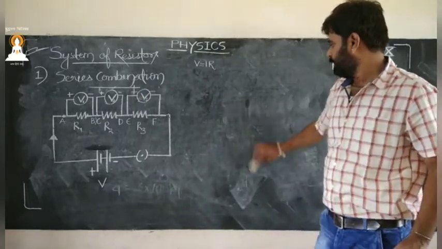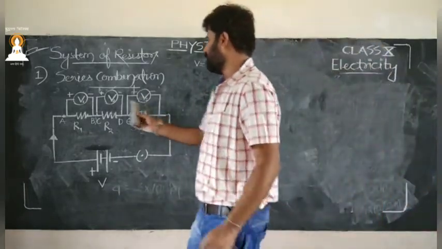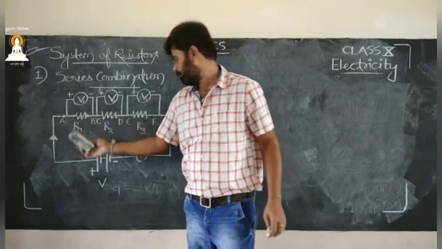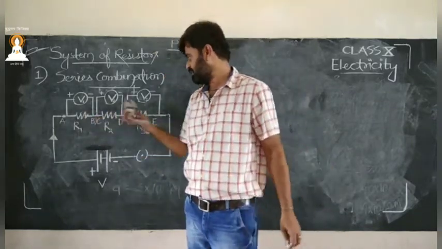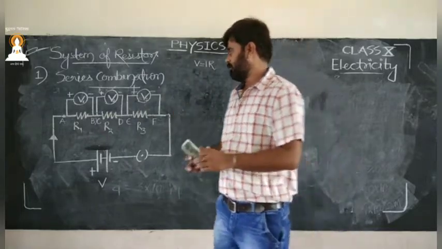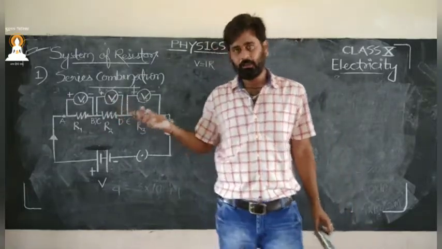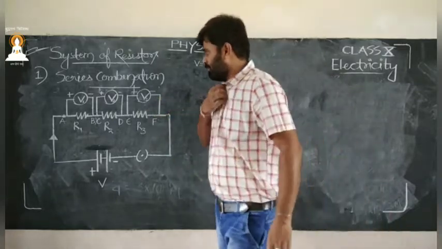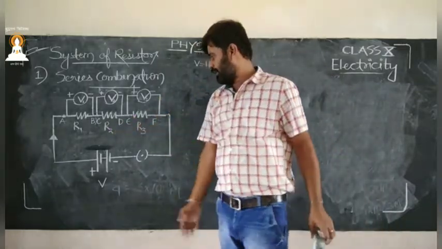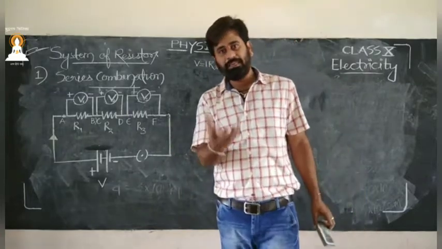Now see, they are connected in series, so this voltage will be distributed among these. Suppose they are 3 siblings in a particular house, and their father came with some fruits, say 1 kg.